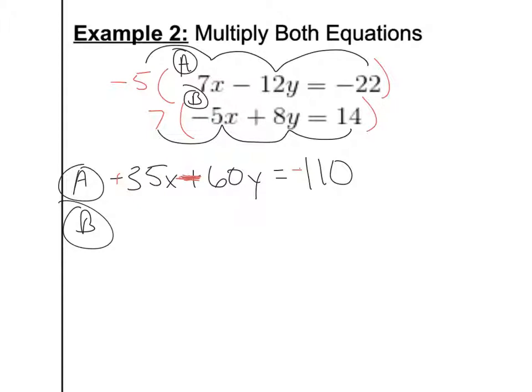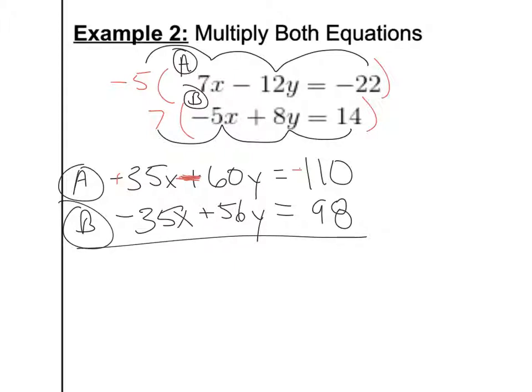So now when we multiply the B equation by 7, I get negative 35x. See how they're opposite signs now? That's what I wanted. And I'm going to get a positive 56y, and that's going to equal whatever 7 times 14 is, which is 98. Now, notice that the positive and negative 35x will cancel out.